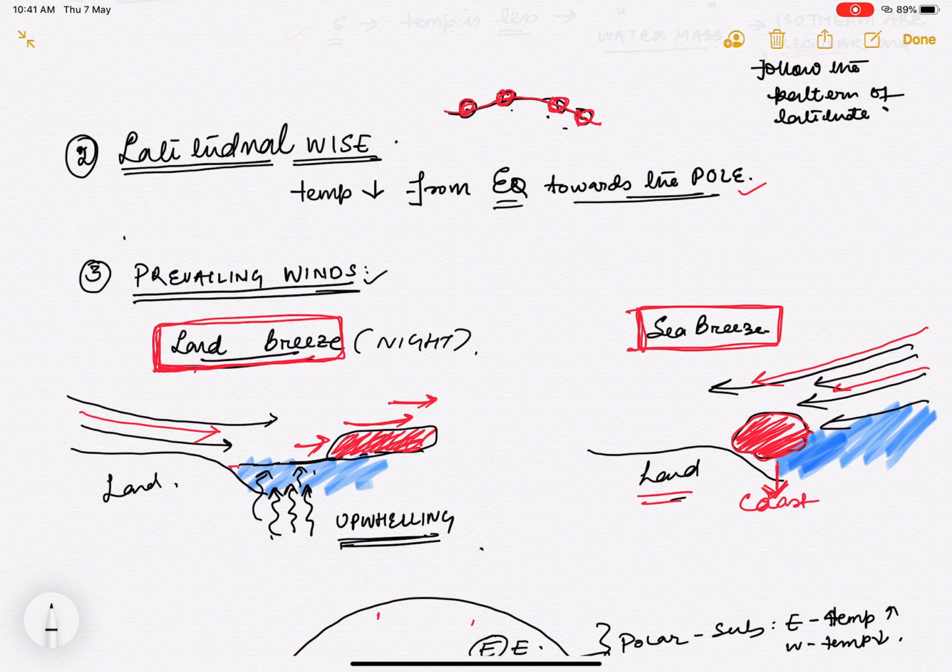What is upwelling? Once this warm water is pushed away, the water at the bottom will rise to the top. As a result, the coastal regions are cooler because of your upwelling factor. What is upwelling? That is replacement of the warm water by cold water.